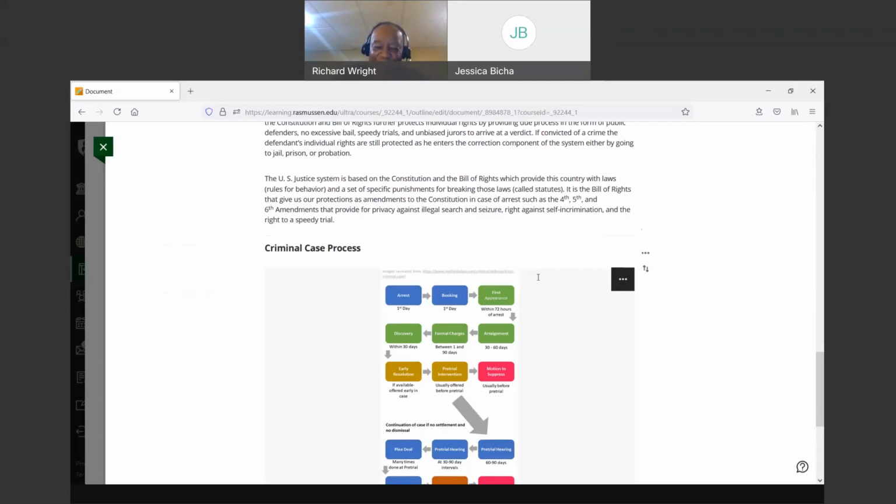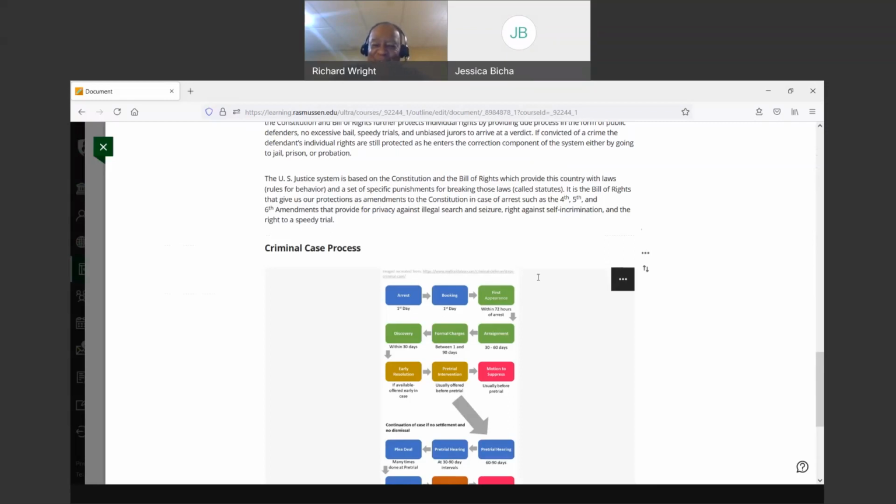And then the formal charges are issued for what you're charged with. And then there may be a grand jury investigation, or there may be a preliminary hearing where it can be determined if there is adequate enough evidence to take them and bind them over to trial.